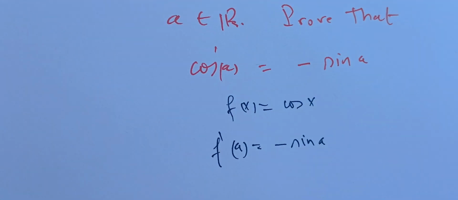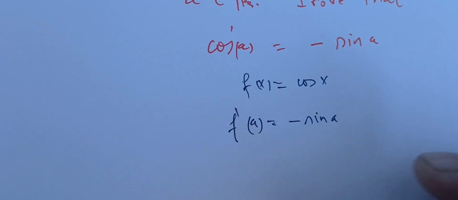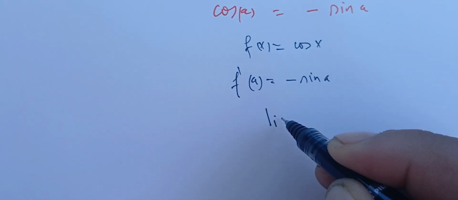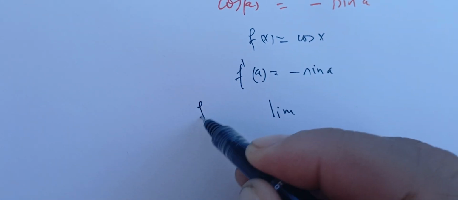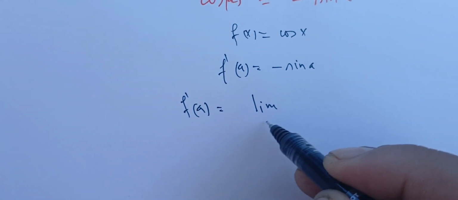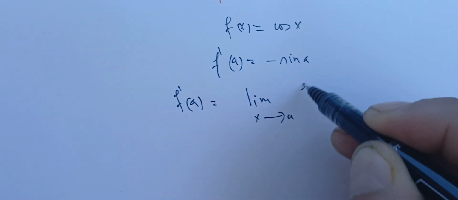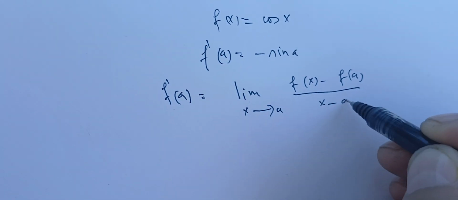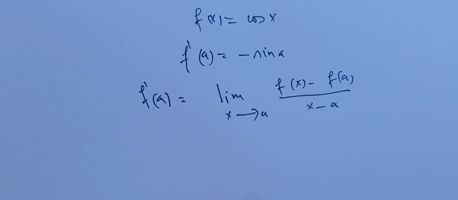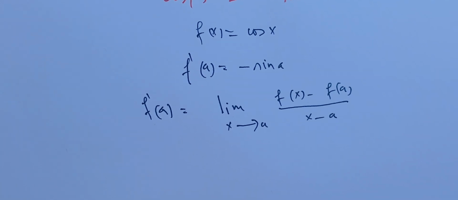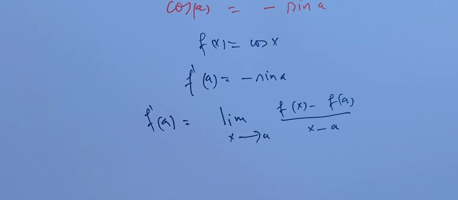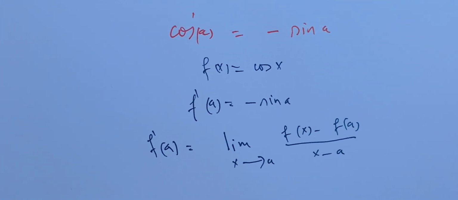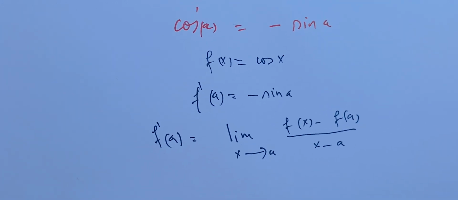We're going to use the definition: f prime at a is the limit as x goes to a of f of x minus f of a over x minus a. Make sure that you know the trig formulas, because when dealing with trig functions, we will have to use a lot of trig identities.